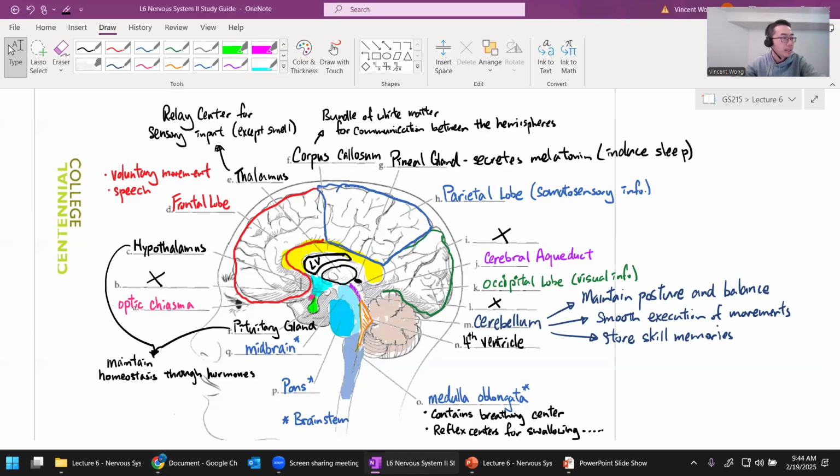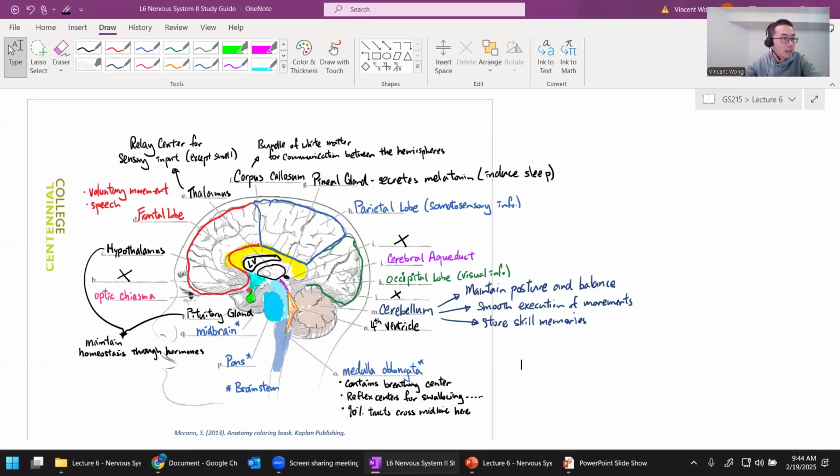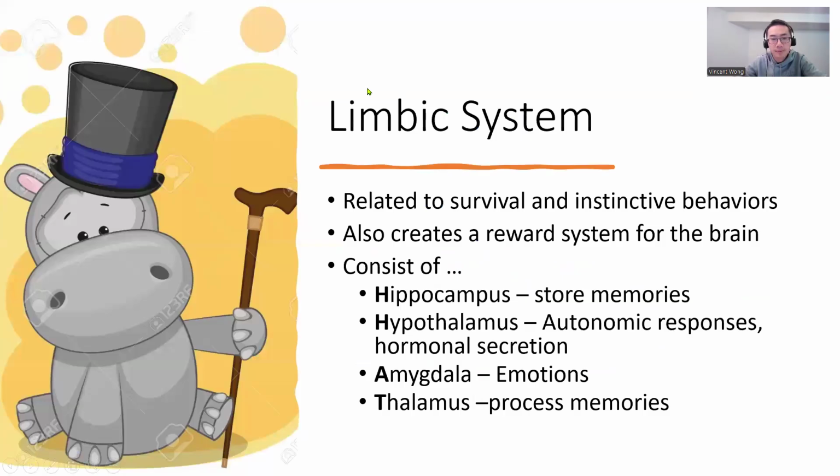All right, we're gonna finish up with the PowerPoint slides. Okay, the next thing we're gonna talk about is the limbic system. The limbic system is an ancient system in the nervous system.